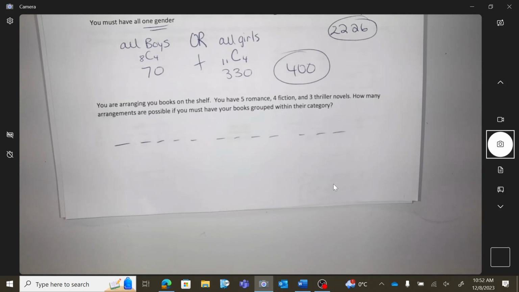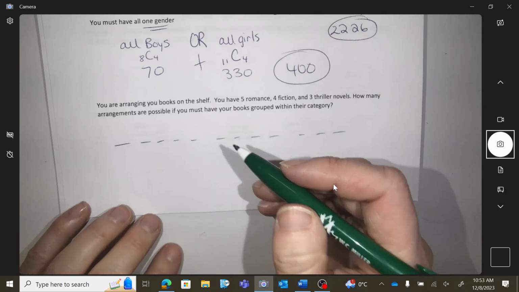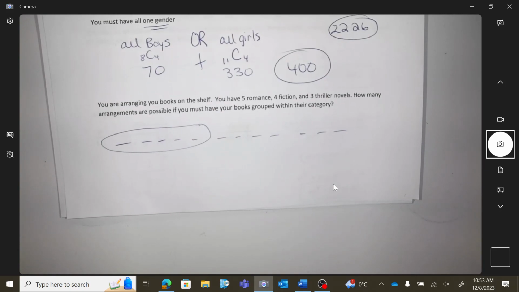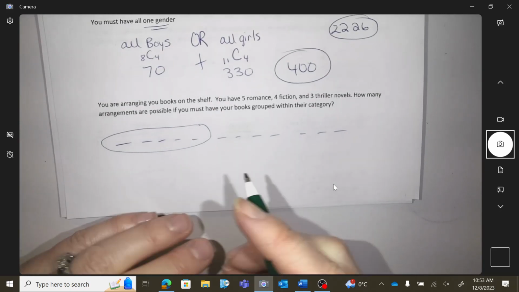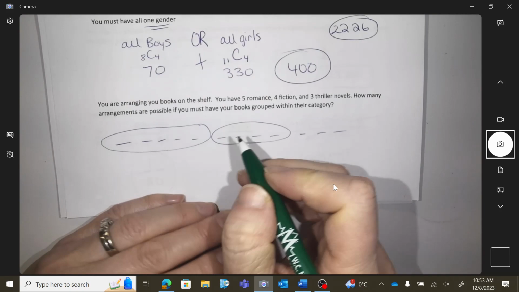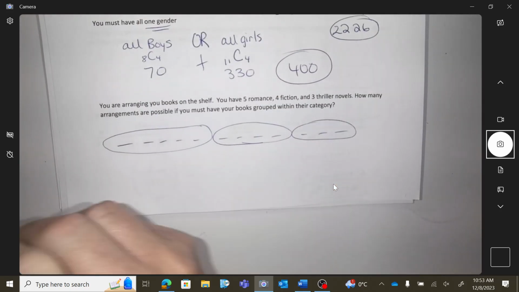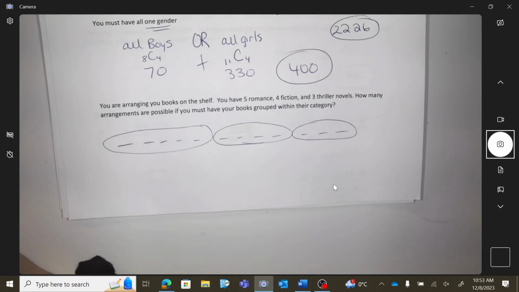And it says that you want to put them chunked with their group category. So it looks like all the romance novel books would have to be chunked together beside each other. The fiction books are going to need to be beside each other. And then the thrillers are going to have to be together.